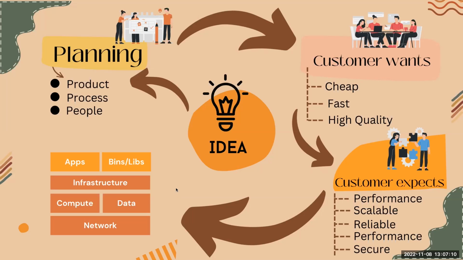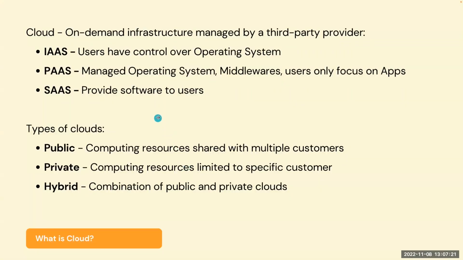So now we have the path from idea to the stack architecture. Today, we're gonna cover mostly cloud applications, which we call cloud native. And before that, let's look at what options we have in the public cloud.